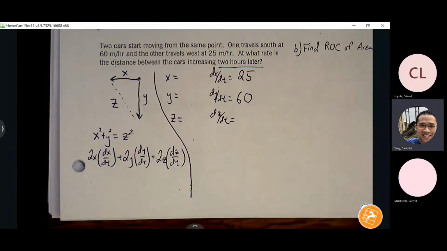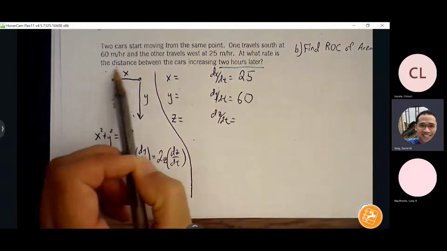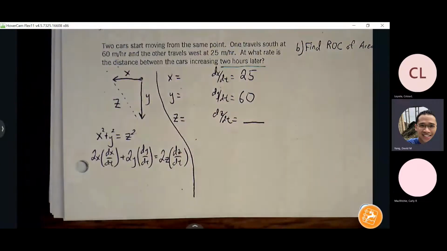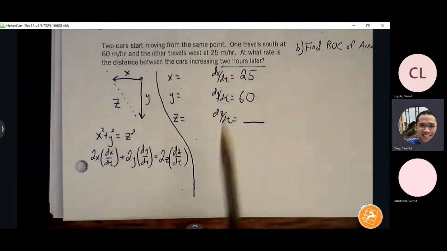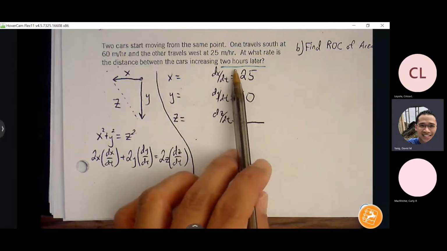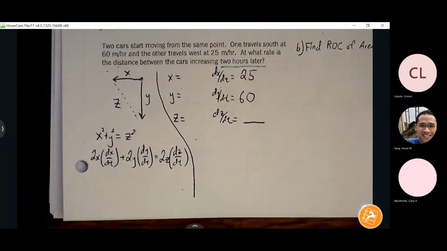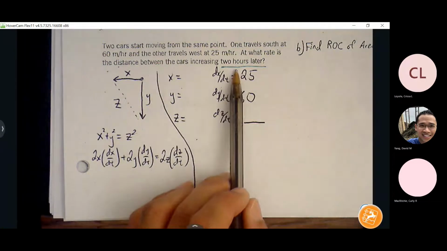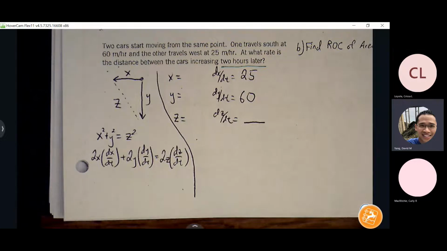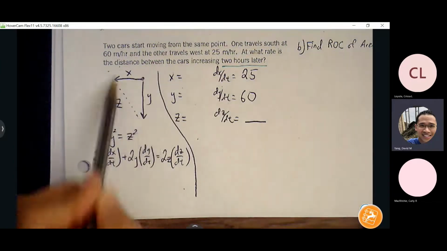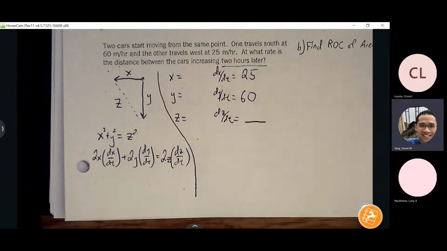Okay, at what rate is the distance between the two cars increasing? What are we looking for here? dz/dt. 2 hours later. So we have to think about how that 2 hours later can help us with the x, the y, or the z. We multiply dx/dt by 2. We're trying to take a snapshot of this triangle 2 hours into the trip.